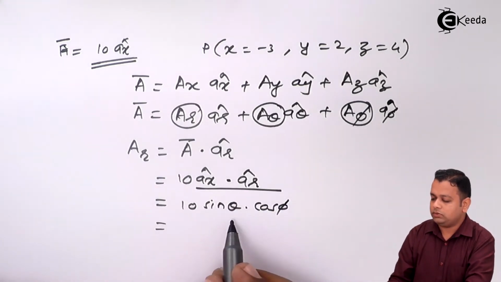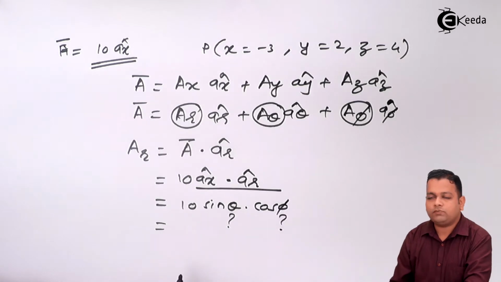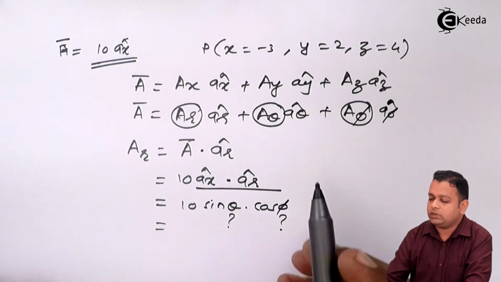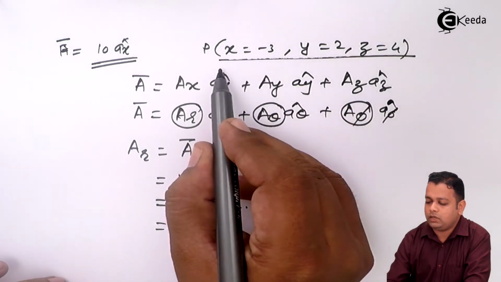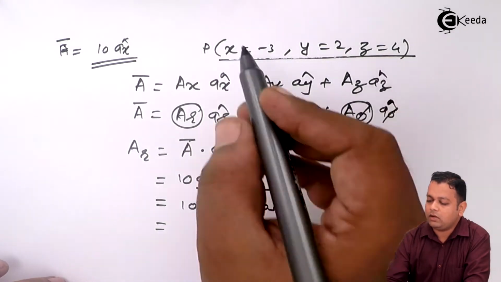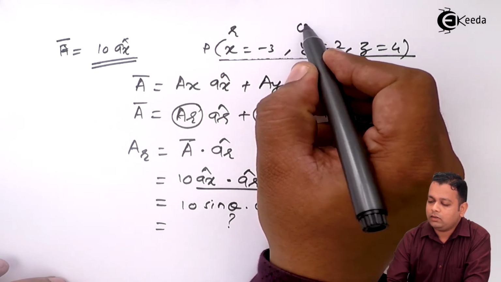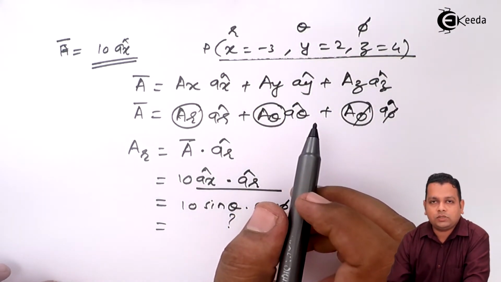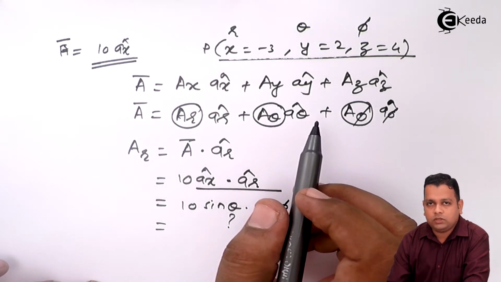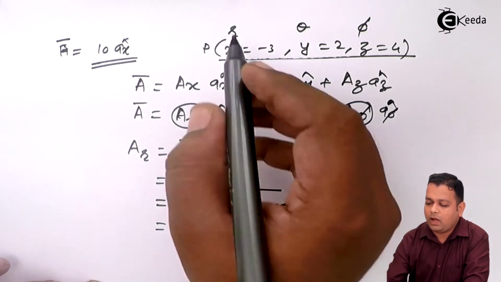Now to get the values, what is theta and what is phi? For that purpose, first of all, we need to transform the representation of point P from x, y and z to r, theta and phi. As we have seen the transformation formulae, using those we can get the values of r.